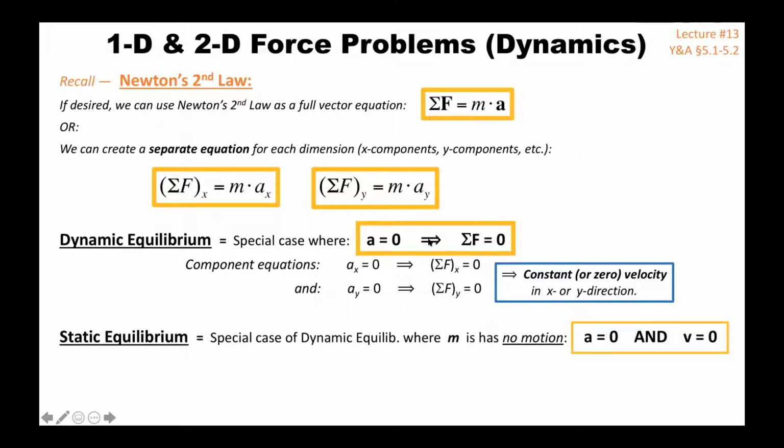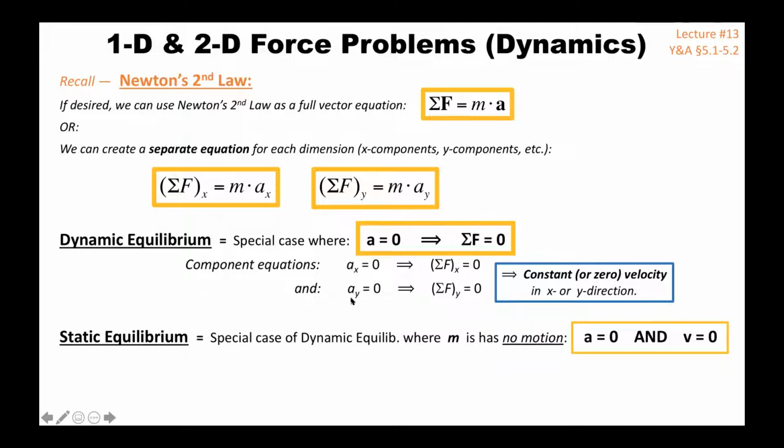When that is true, then we say that the system is in dynamic equilibrium, dynamic referring to the forces, equilibrium referring to all the forces balancing. So when you add those force vectors, they add tip to tail and they'll sum to zero. What that means is that the mass m will end up having zero acceleration.